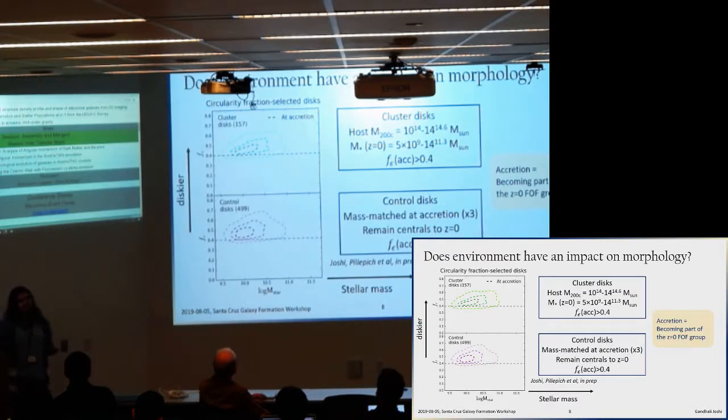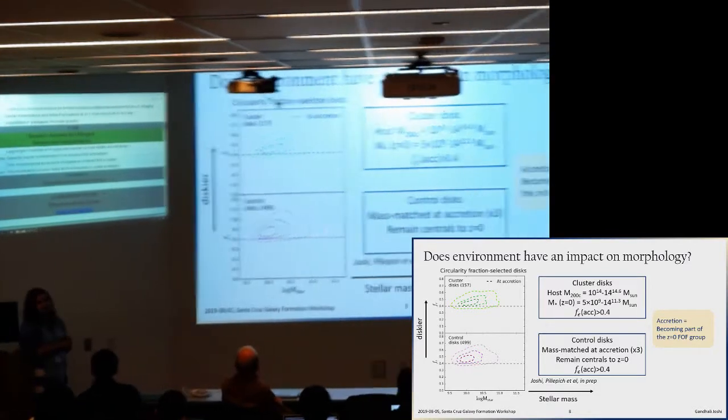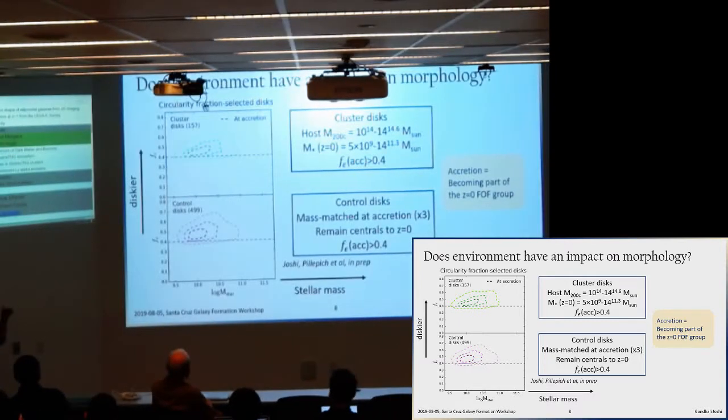And so the first thing we can ask is, does the environment actually play a role in morphology? So this is the distribution of morphology versus stellar mass, and these are the cluster disks. And then we also look at a control sample, which are mass matched at the time of accretion, and which remain centrals right down to redshift 0.